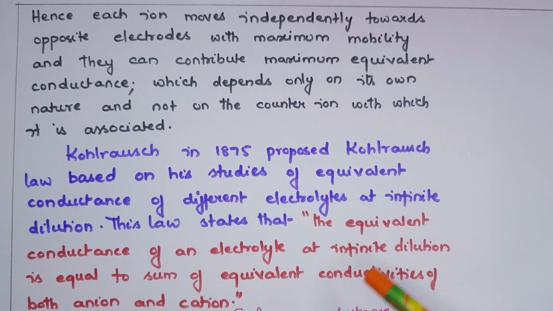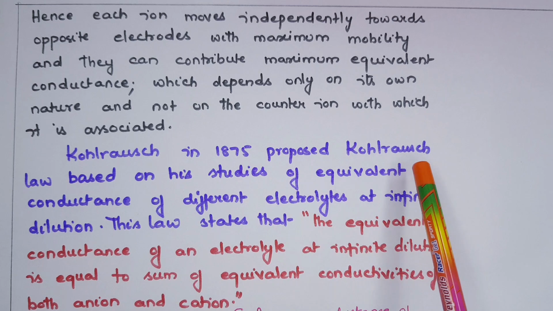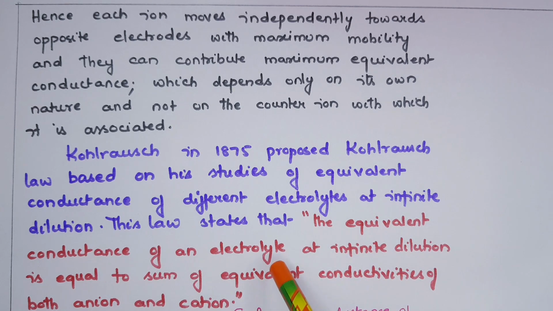How did he propose, students? Based on the studies of equivalent conductance of different electrolytes. So he has taken different electrolytes and observed how much they are contributing to equivalent conductance at infinite dilution. Based on all this data, he could propose Kohlrausch law.